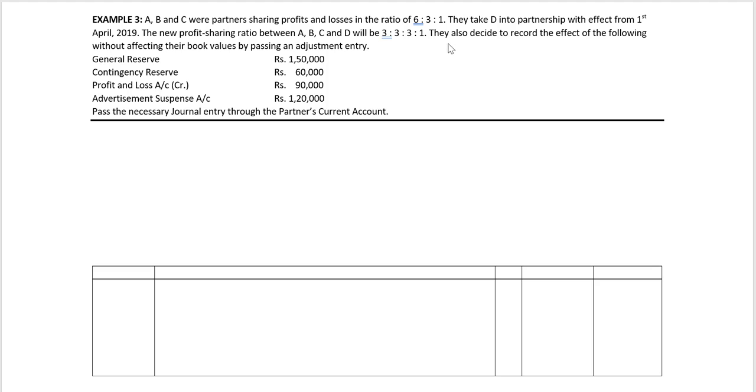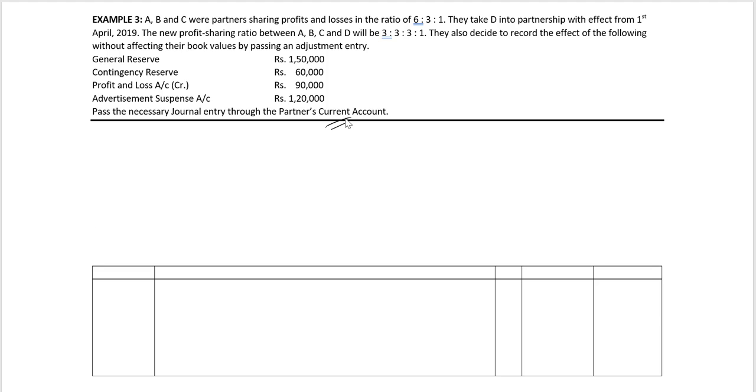So from the statement that they also decide to record the effect of the following without affecting book values by passing an adjustment entry, we can understand that the entry is an adjustment entry which has to be passed through the partners' current account as per the last line.